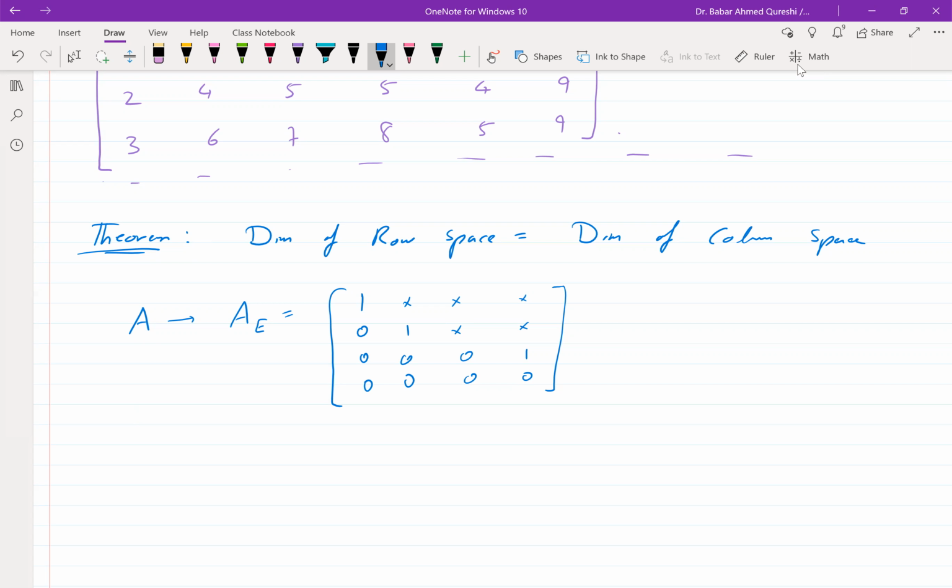But what about the columns? This guy and this guy, you have a zero. This one, you do not have zeros over here. And if you look at this one, this has 3 zeros below it. This has two zeros below it.